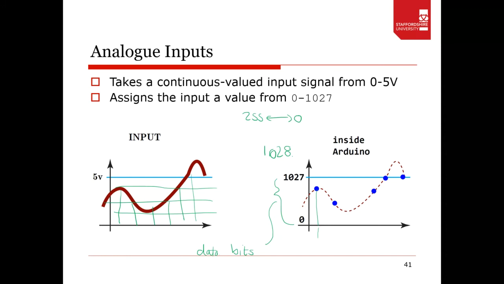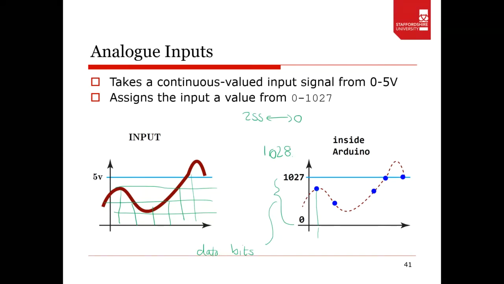We're saying 1024. I'm going to double check that. So 255. Seems really odd. Okay, I'm going to double check that value because this has come from a book.